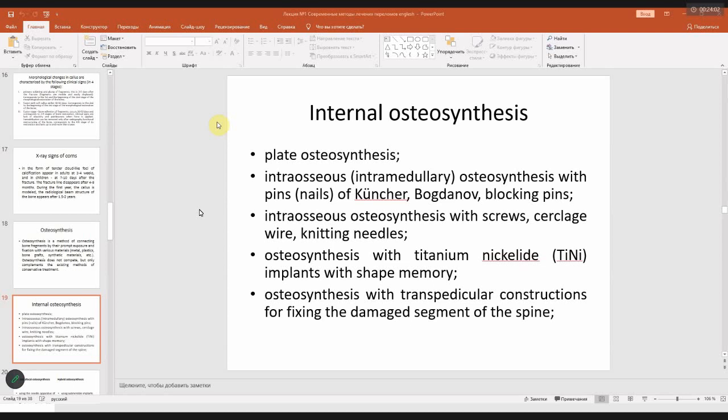Osteosynthesis with titanium nickelide implants with shape memory. Osteosynthesis with transpedicular constructions for fixing the damaged segment of the spine.